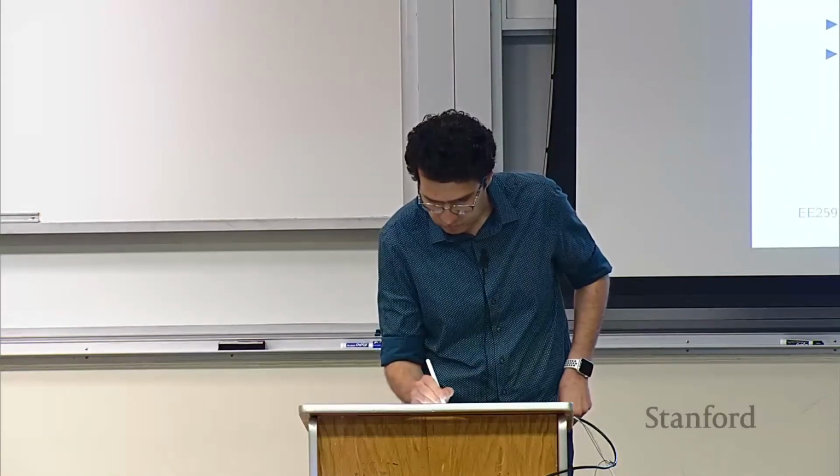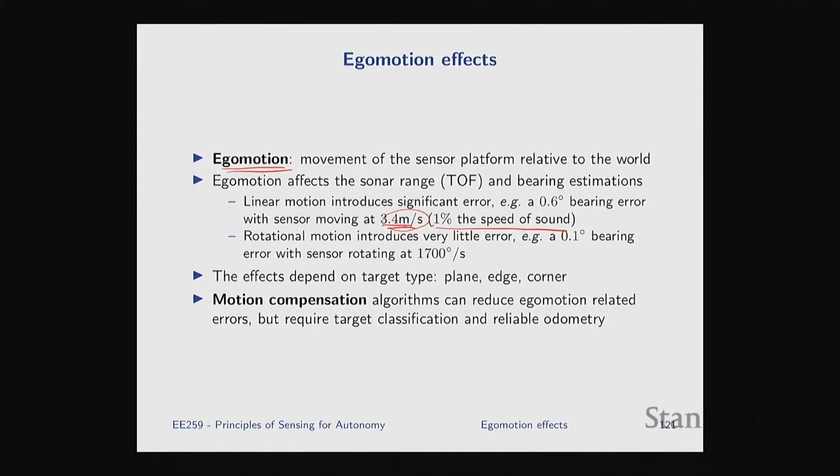But with linear motion, even at a few meters per second, you can get up to a 0.6 degree bearing angle error, which is significant, right? And also, the effect depends on the geometry of the target. So again, a plane versus an edge versus a corner affect the range and the bearing differently, okay?